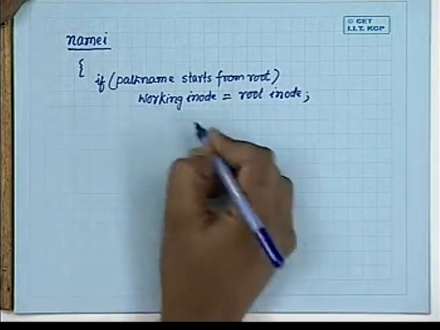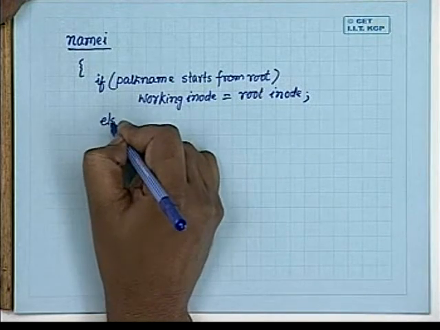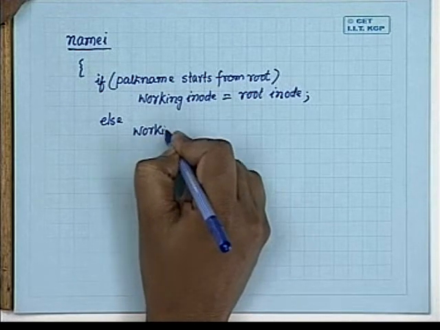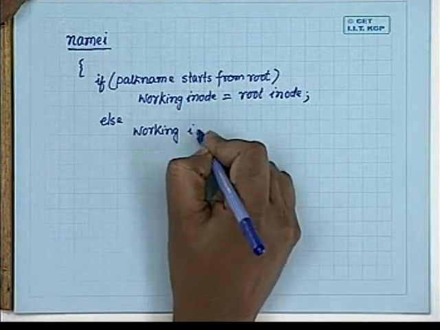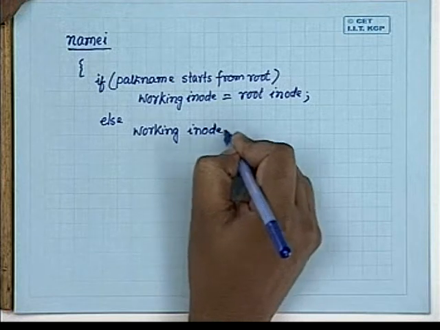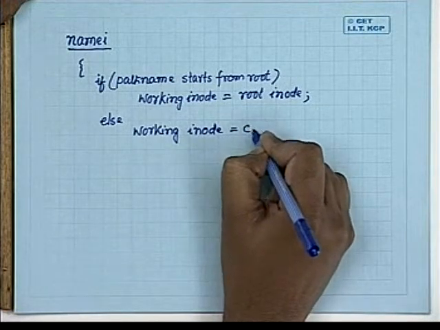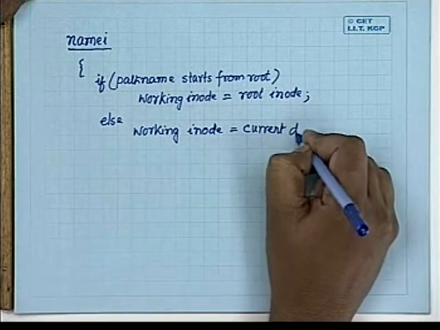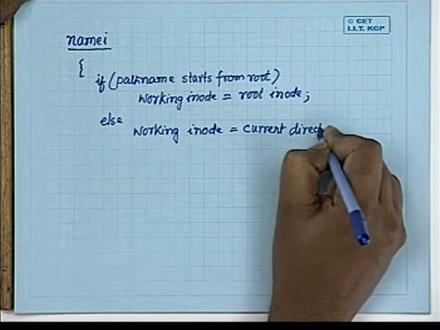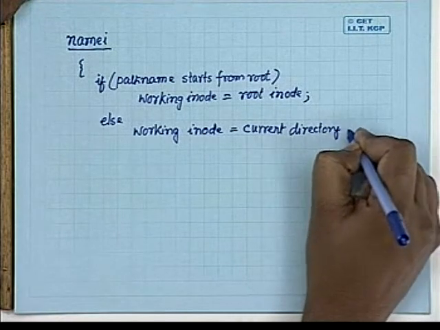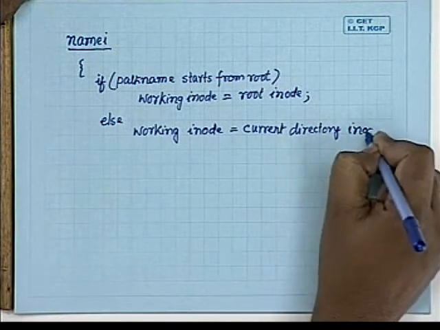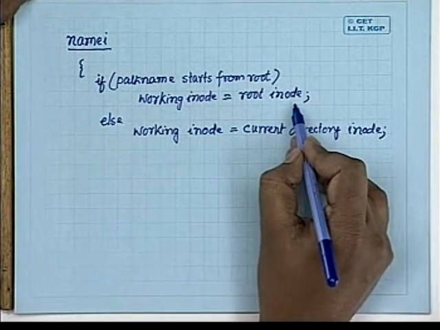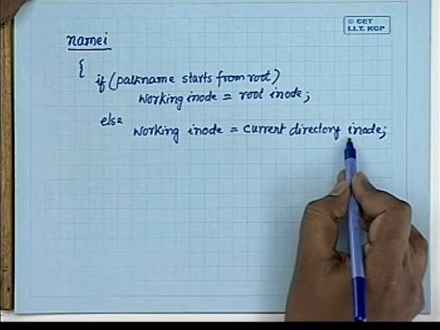Else, the working inode is the current directory inode. As I said, the root inode is stored in a global variable, whereas the current directory inode is stored in the user area.